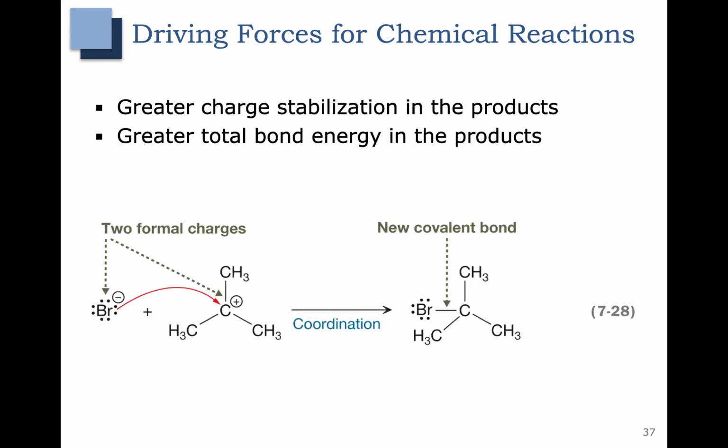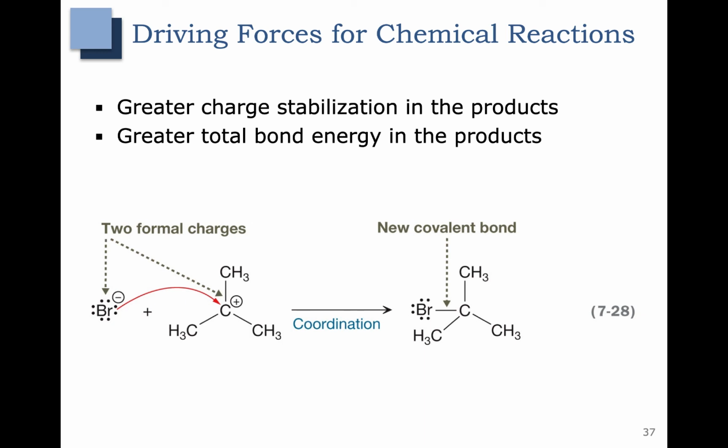In the example shown here, we're going from a negative charge and a positive charge to something that is neutral. So this is what I'm talking about when I say greater charge stabilization in the products. When you have something that has formal charges and you go to something that doesn't have formal charges, that is increased charge stabilization. And so this is a driving force behind your chemical reaction, and this would cause a reaction to occur.